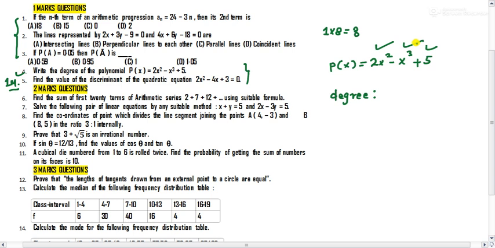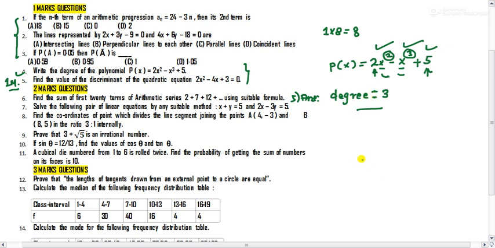You have to write the highest power of the variable. The variable over here is x and 5 is a constant. 2 is again a constant; we call it a coefficient. So for variable x, what is the highest power? 2 or 3? 3. So the answer is 3. Got it? You can write like this.